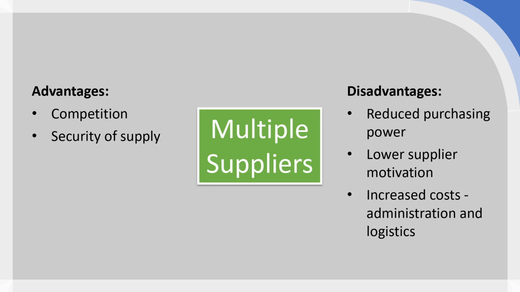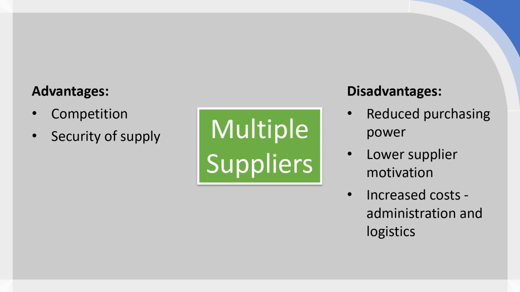So reduced purchasing power, because our individual contracts are going to be for smaller values because they're split across multiple suppliers. That typically means higher costs. There won't be the same advantages that we can leverage in terms of our negotiating position as a procurer, and therefore the cost will typically be significantly higher depending on the other circumstances.